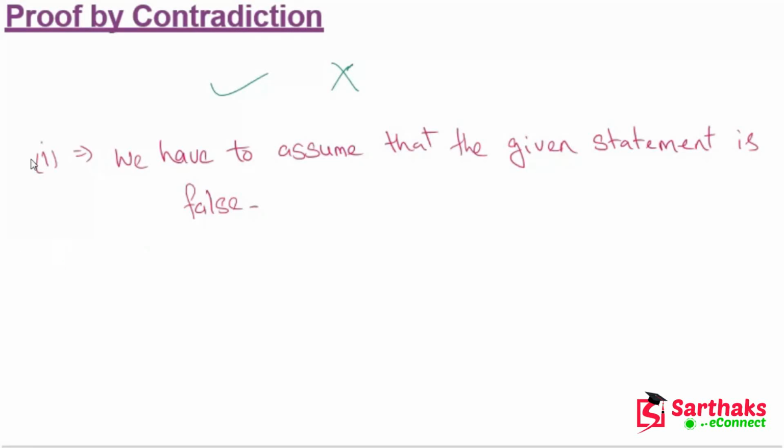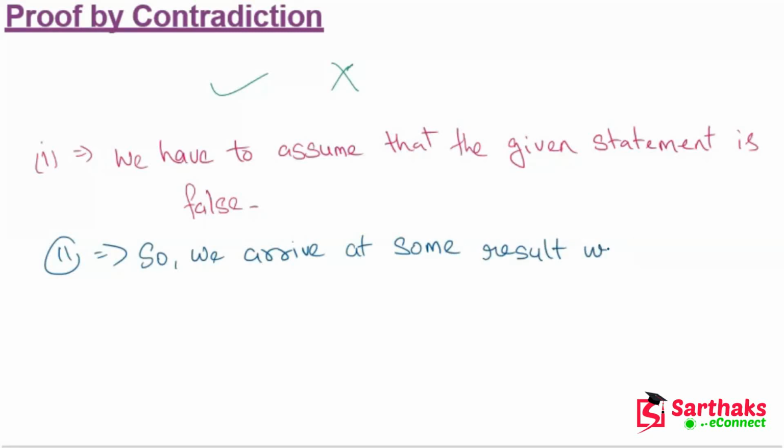Now, the second step is that by doing some methods, we arrive at some result which contradicts our assumption.